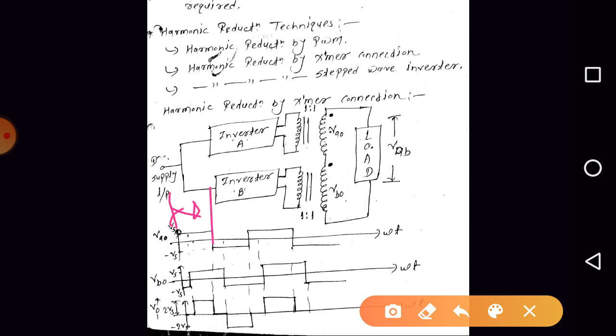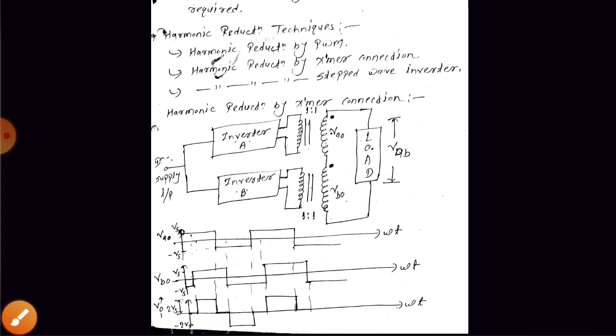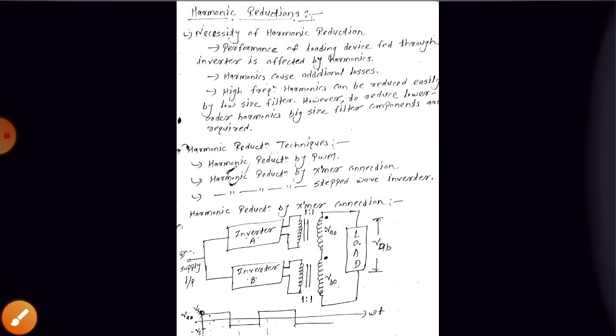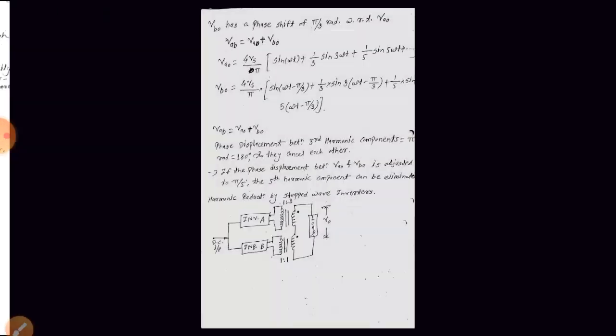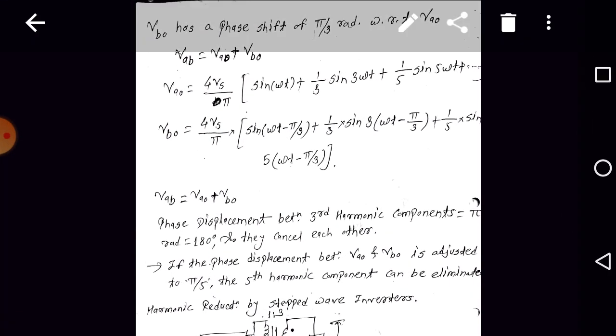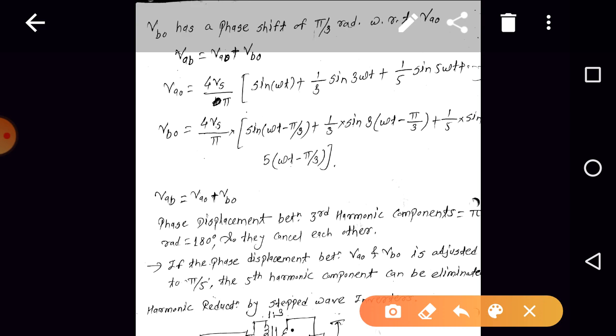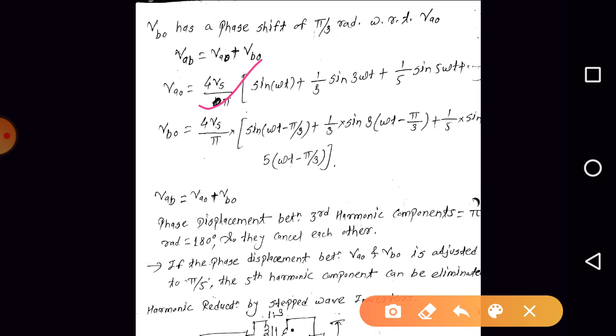So here, suppose the phase displacement between the two is theta. Can we do the Fourier series analysis of VA0 and VB0? For VA0, the Fourier series is the same as what we discussed for the single phase full bridge inverter, where instead of EDC it is 4Vs by pi.